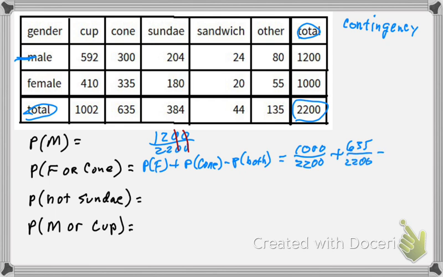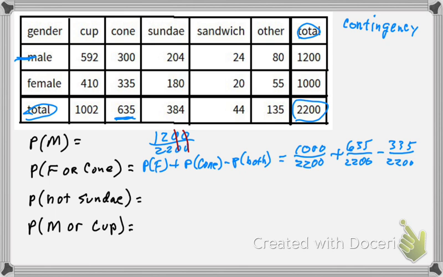How many like both? How many are female that like cones, in other words? 335 out of 2,200. So what would you do? You'd say, well, 1,000 plus 635, take away 335, put that number over 2,200, you got it.